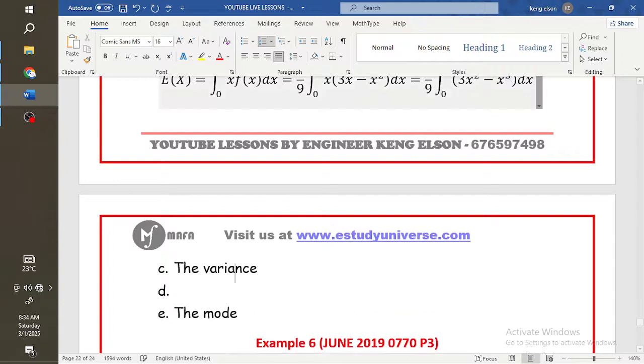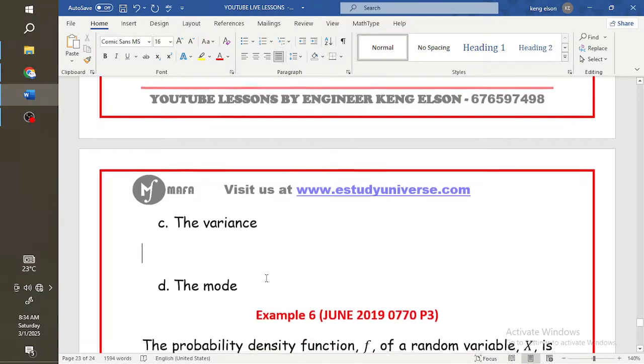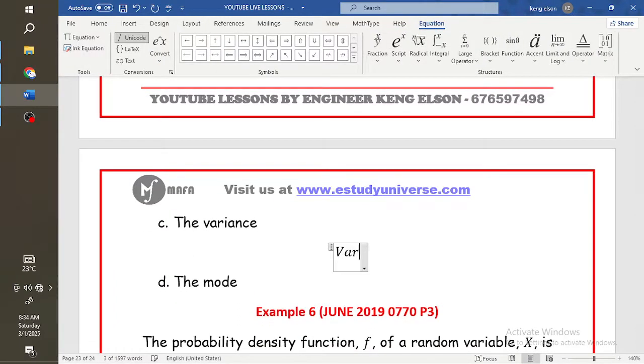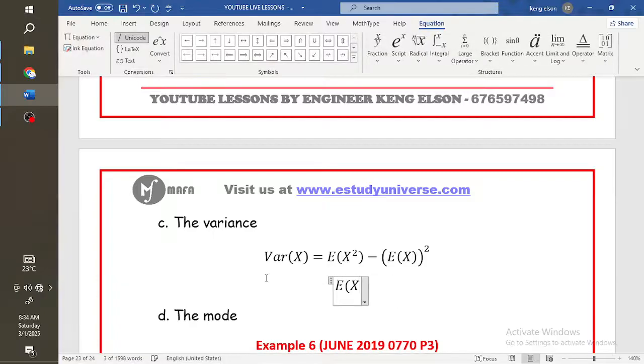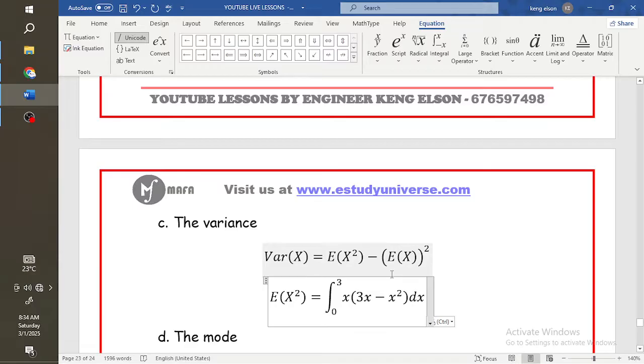Now, what about the variance? Even for the variance, we know the formula. The variance of x is equal to E of x squared minus E of x, all squared. Now we know that E of x squared is equal to, by definition, the integral of x squared times f of x.